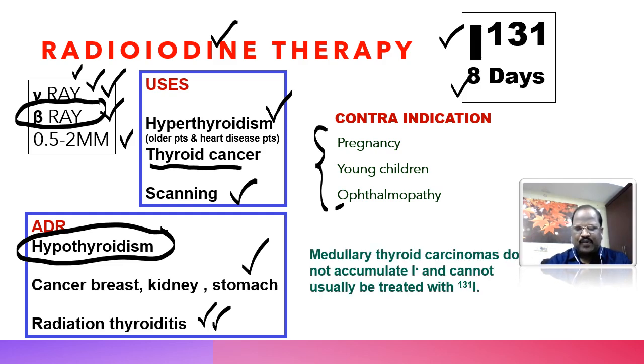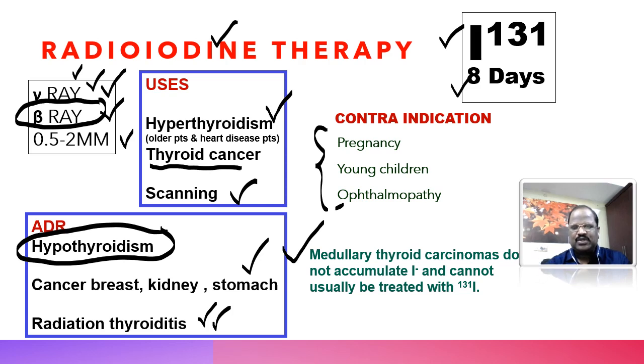So iodine 131 cannot be used for treatment of medullary cancer of thyroid, because medullary cancer originates from parafollicular cells. Parafollicular cells do not pick up iodine 131. That means iodine 131 is useful mainly for follicular cancer.